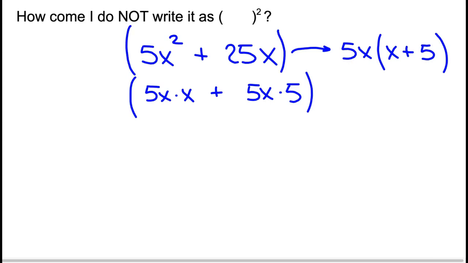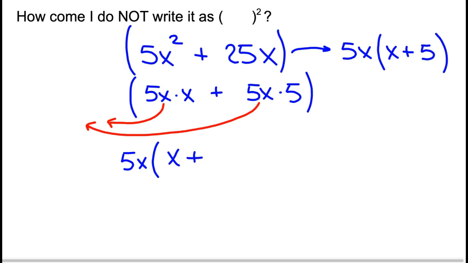You agree? Okay, and essentially what I just did was factor out a 5x from each term. So it's not like I have two of them, because I'm undistributing it. So 5x times what's left is x plus 5.